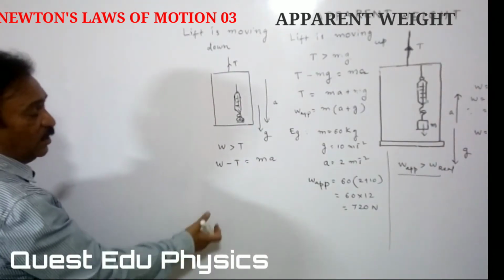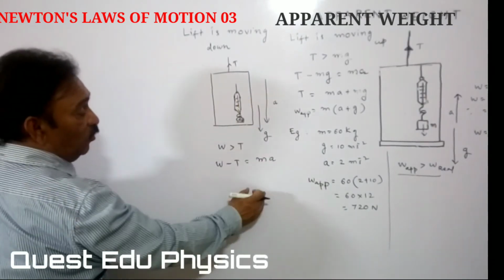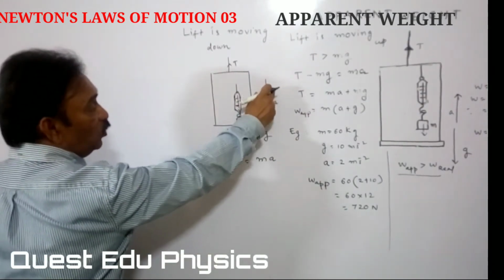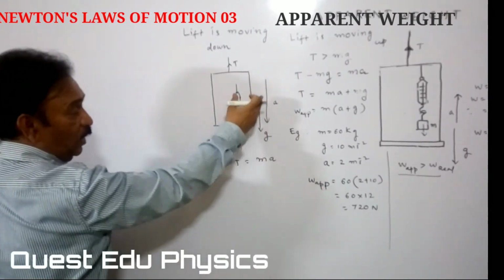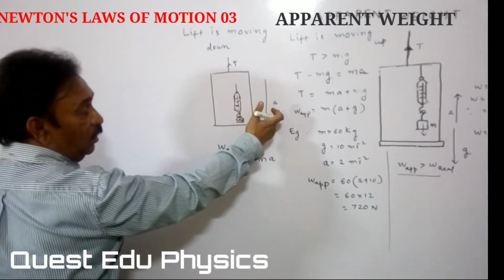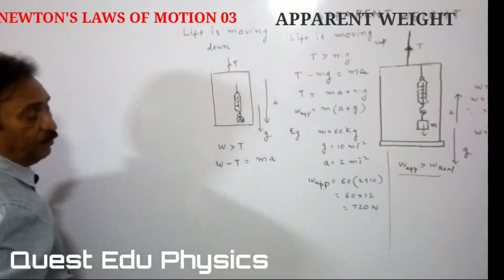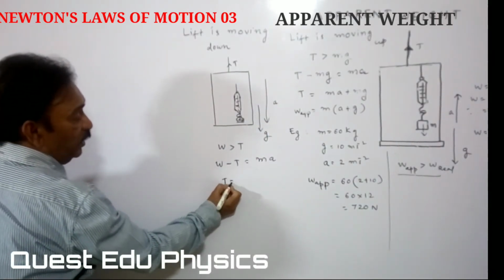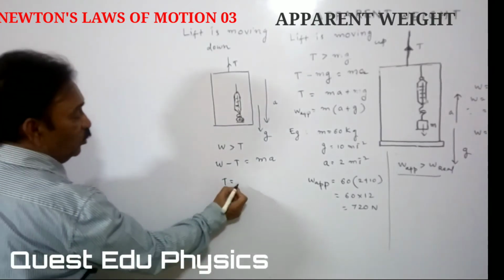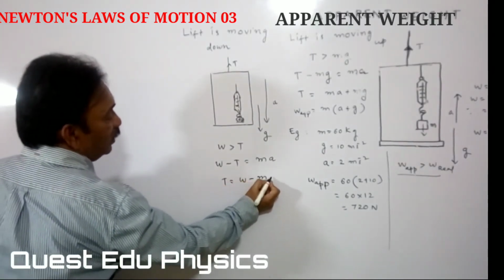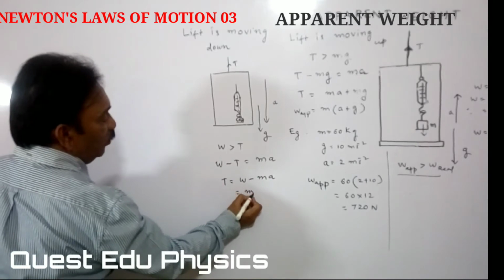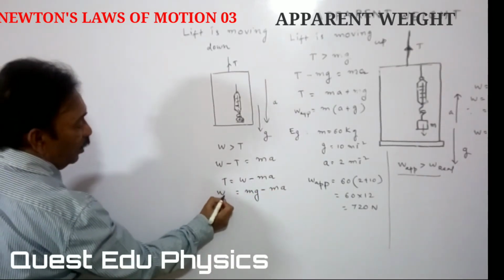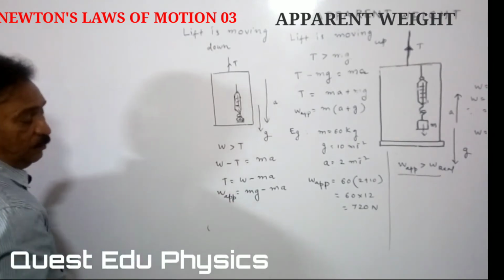One force is added, or simply you can say the downward forces are the weight of the body and the force created by the lift which gives it an acceleration. Then you can write apparent weight T is equal to W minus ma. As you know W is equal to mg, we are calling T the apparent weight.